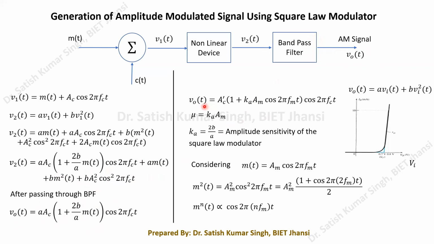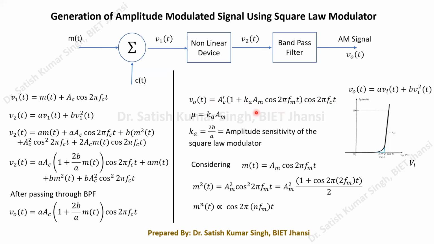So basically v output(t) can be written as Ac dash, where this is written as Ac dash in bracket 1 plus, you can write this as ka m(t), cos 2 pi fct. Okay, so that m(t) can be a single tone case, or it can be a multi-tone case. Okay, so that is nothing but our conventional AM expression. Fine. So here I have written directly for multi-tone; for the single tone case, I have taken m(t) equals Am cos 2 pi fmt.